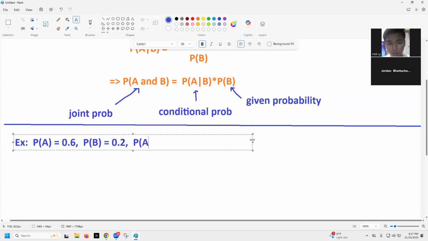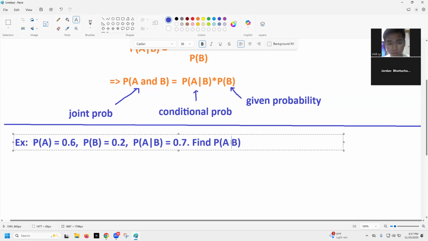We also have the P of A and B, A join B, equal to like 0.7. Okay. So I want to find the P of A or B, right?